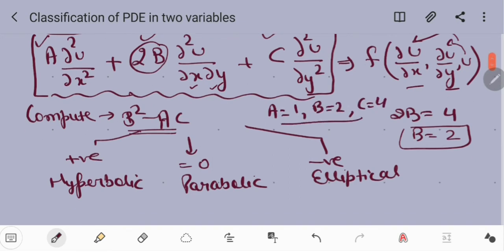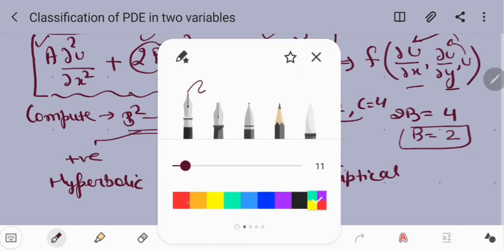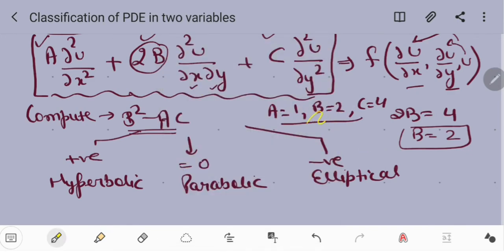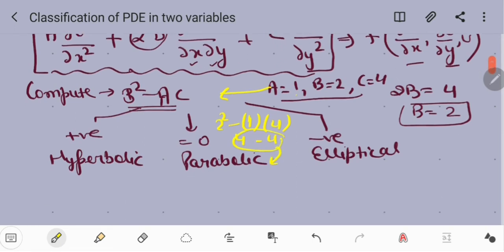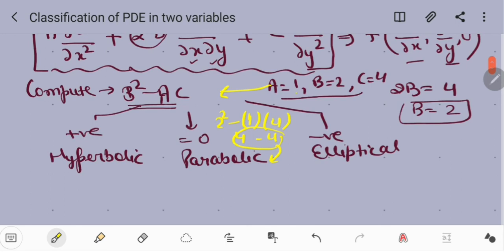Now if you compute with this example, if you put these values in, b square, that means 2 square, minus a into c, that means 1 into 4. So 2 square is 4, 4 minus 4 would be 0. That means the equation is of type parabola, right? It will form a parabola.